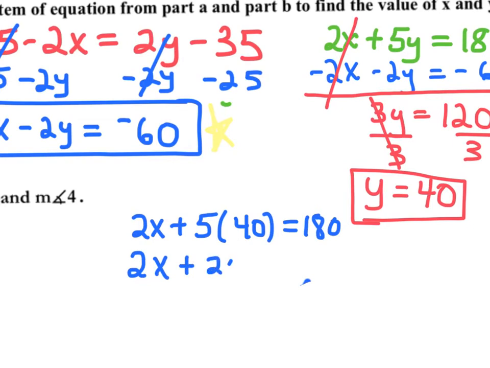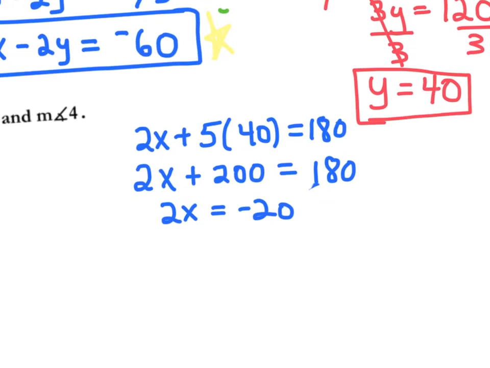Five times 40 gives me the 200 equals 180. Okay, so I'm going to subtract over the 200. I get 2x equals negative 20. So x equals negative 10.